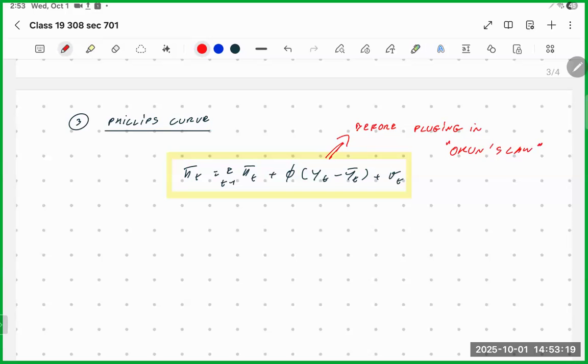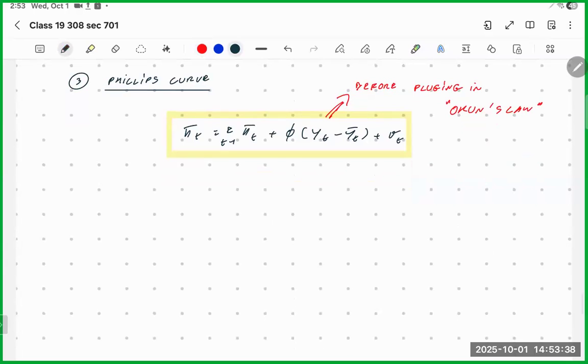If we plug in Okun's law, we're going to have unemployment in the Phillips curve equation. But here we have GDP. You see the bracket yt minus yt bar. We have GDP in the Phillips curve equation. So this is a version before we plug in Okun's law, if you compare to the previous class.